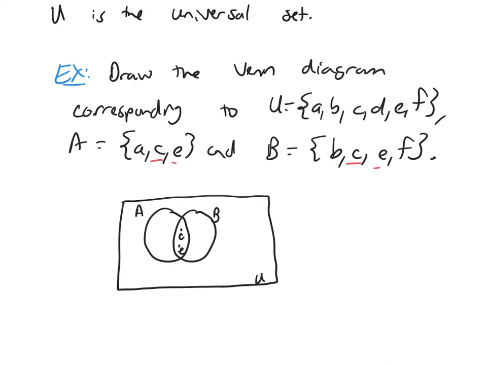The element A is in the set A, but it's not in B. B and F are in B, but not in A. And then if I look at my universal set, I'm missing D. So that's going to belong only to the universal set. So this is a nice way to visualize the sets, and you can see what they have in common and what they don't have in common pretty easily.